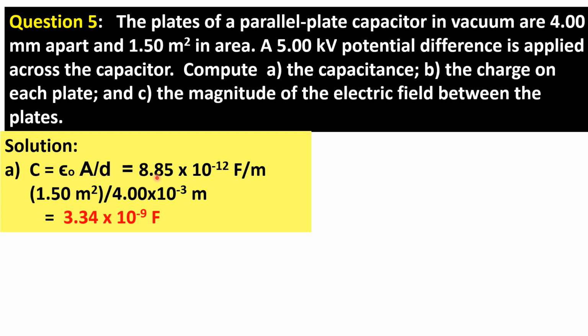So substituting our permittivity of free space, the universal constant, 8.85 times 10 raised to the negative 12 farad per meter multiplied by the given area of the capacitor, 1.50 meters squared, divided by the separation distance of the two plates, which when converted from millimeter to meter becomes 4.00 times 10 raised to the negative 3 meters.